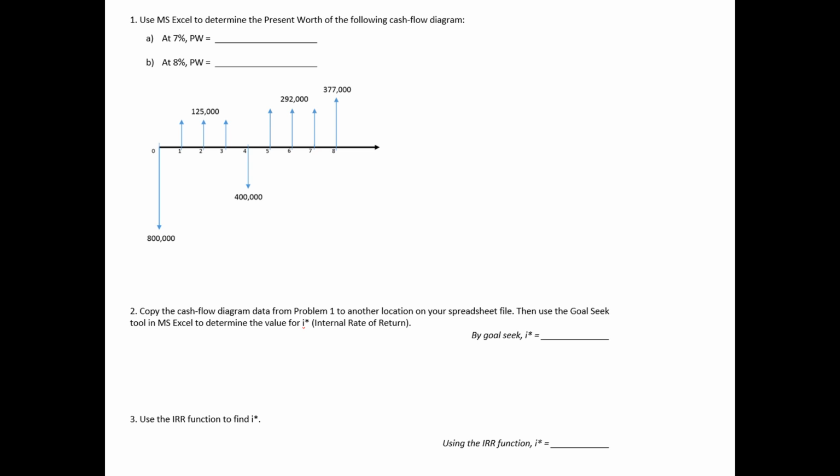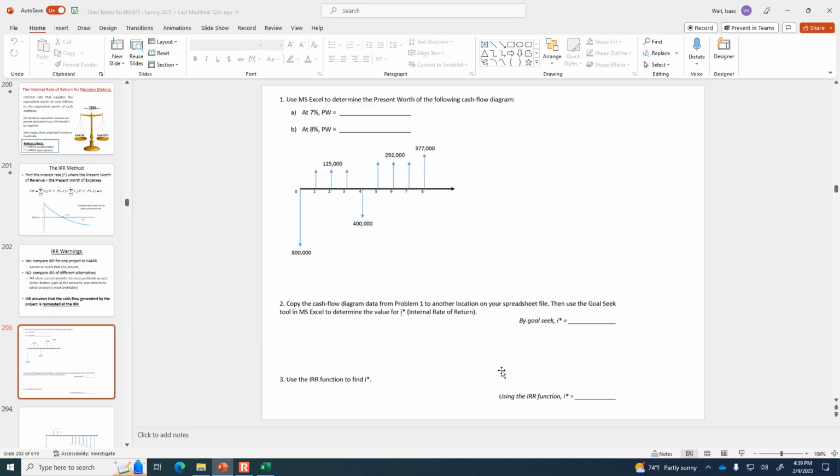And so the crossover point, the internal rate of return, is where it goes. We could do linear interpolation, but this is going to be 7%. This is going to be 8%. We want to find out what percent is it where it goes from positive to negative. All right, so I'll pause for a moment and let you get started on Excel.